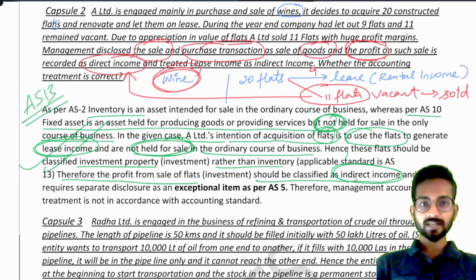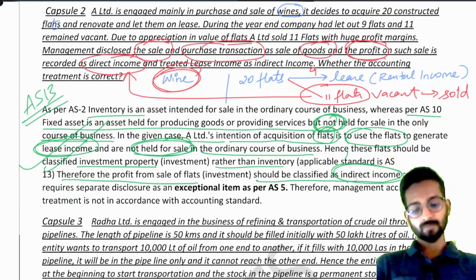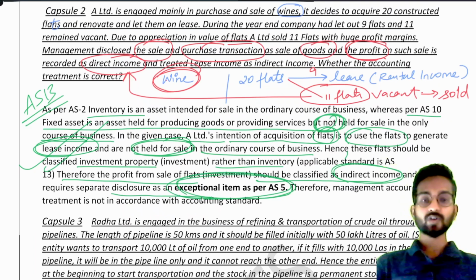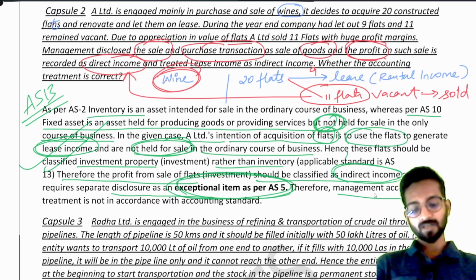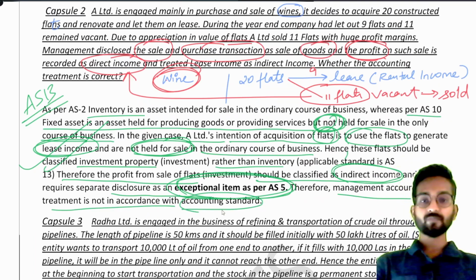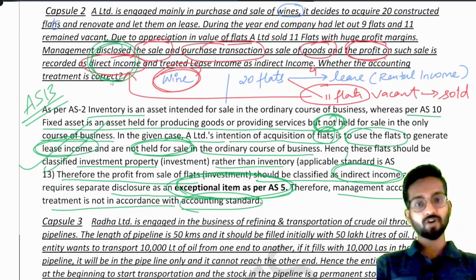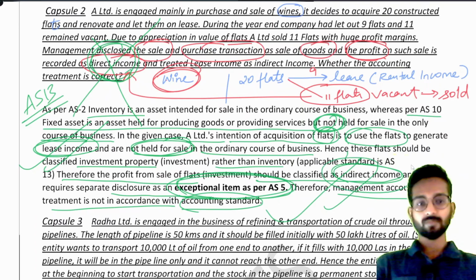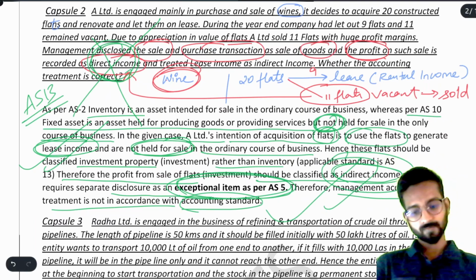The selling of flats, the lease income, everything is indirect income, and it requires separate disclosure as an exceptional item in accounting standard 5. Why? Because that is not our normal ordinary course of business. Therefore, management accounting treatment is not in accordance with the accounting standard. It means they showed it as direct income. The selling of flat is not direct income, it is only indirect income. Understood?